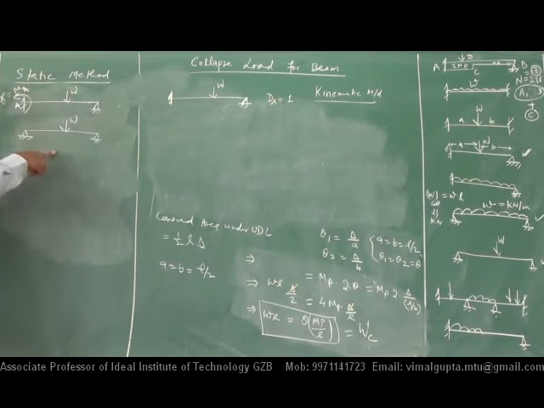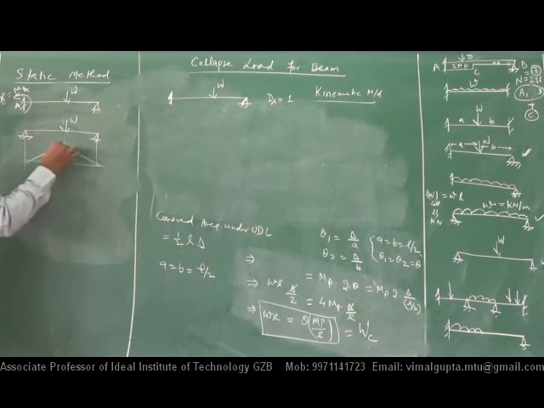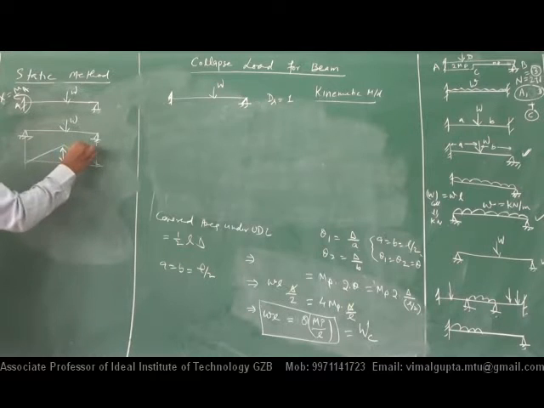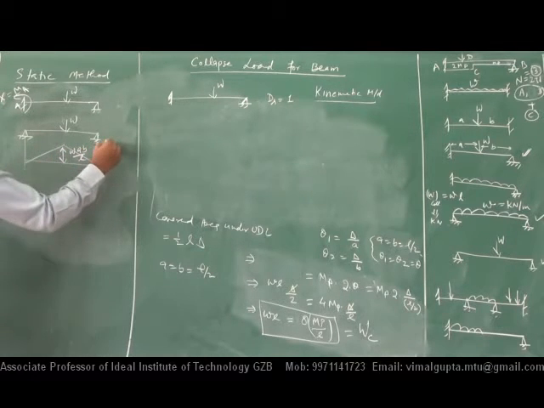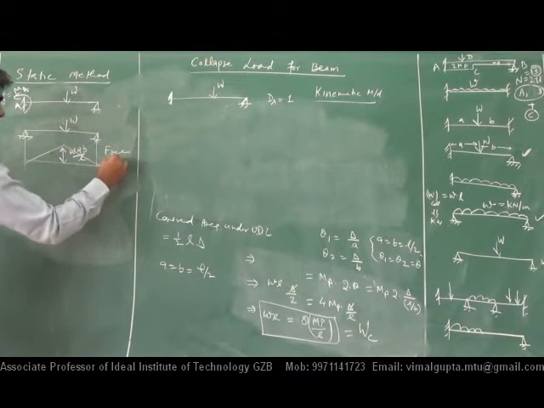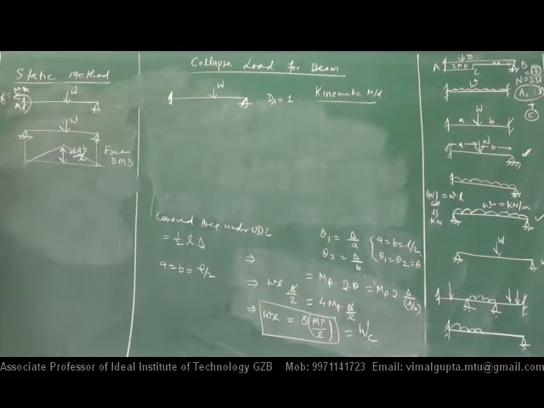Then plot its bending moment diagram, which corresponds to the free BMD. This is a very simple case, and we know its ordinate is WAB by L. So this is the free BMD. Now what will be the collapse BMD?